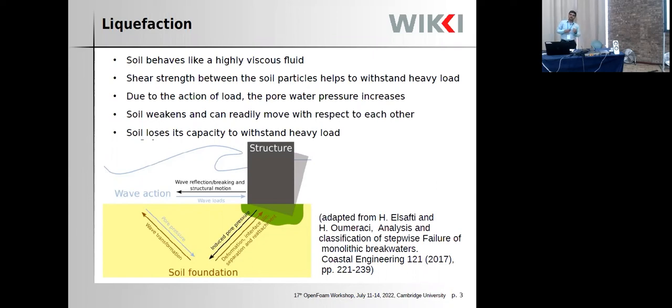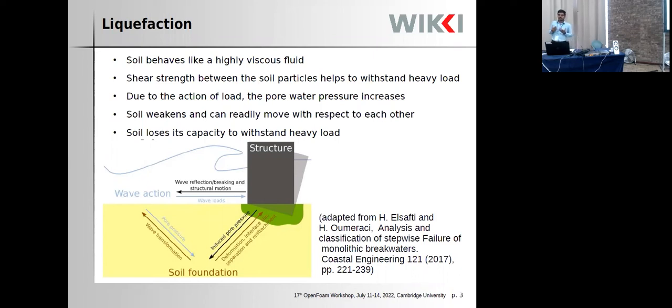And whenever there is a load on the seabed, for example waves, you can see that because of the waves there is a load on the seabed, and then the soil squeezes. If you have a drained condition, the water can freely go out of the soil particles. And if there are undrained conditions, the pore pressure starts to build up because of the load.